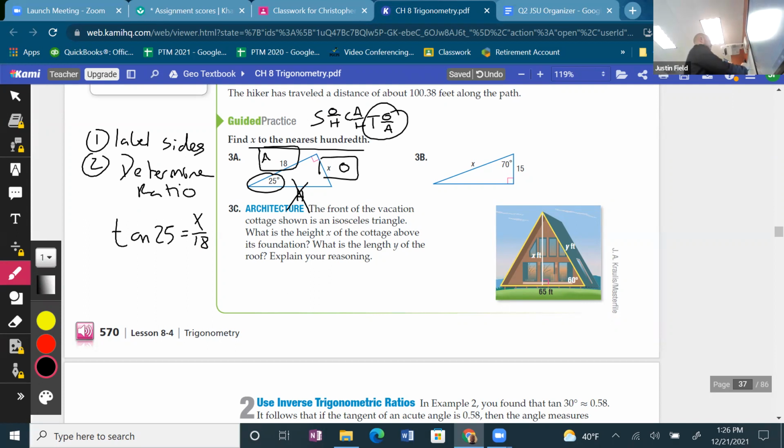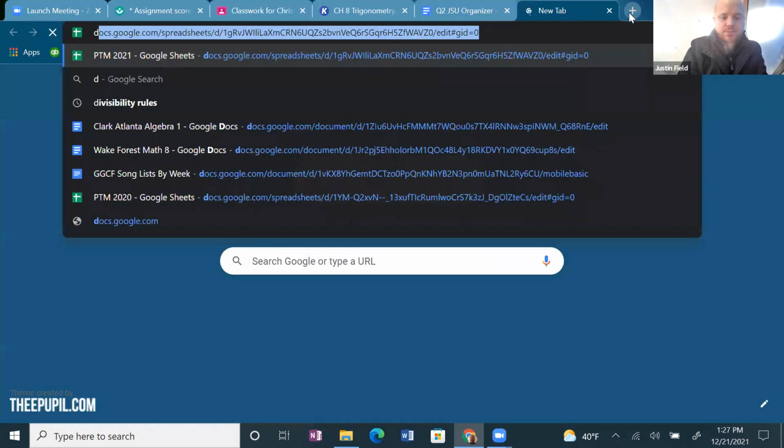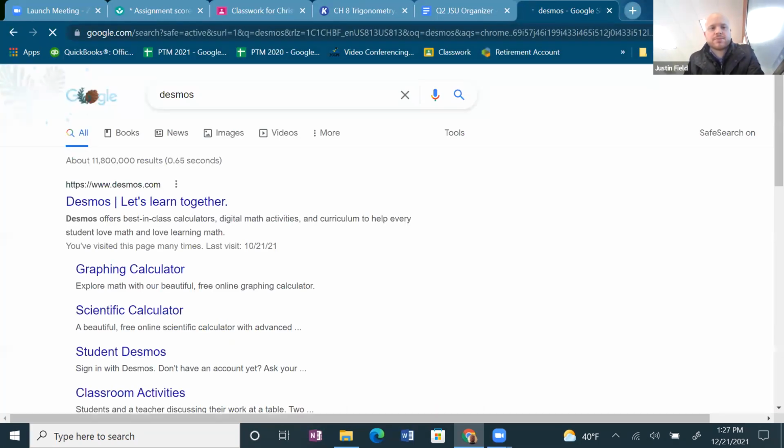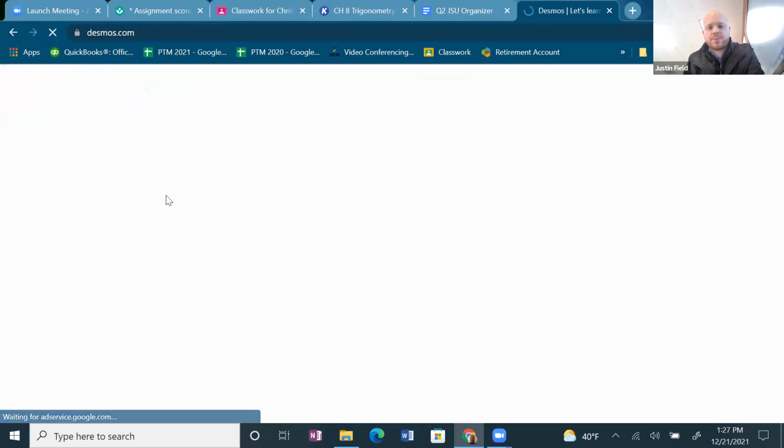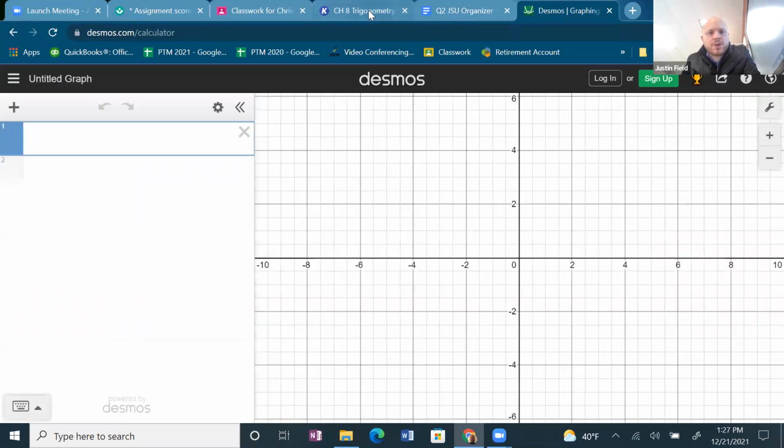And usually what I have the classes do is put the ratio over 1, and then we'll just cross multiply. x times 1 is x, and then 18 times tan 25. Now what we do is we go to one of my favorite websites, Desmos. So what are we doing? We're doing 18 tan 25.